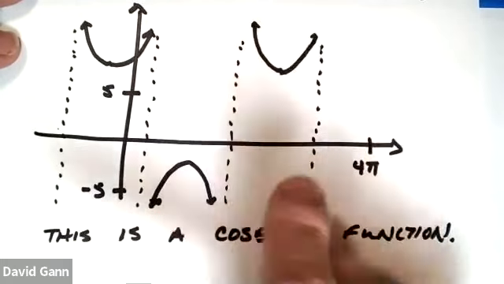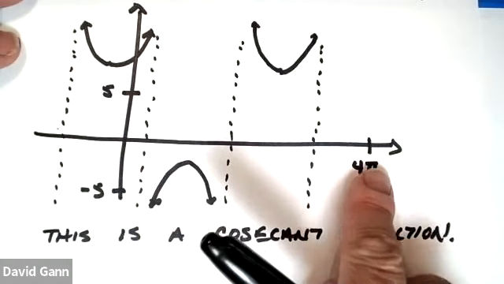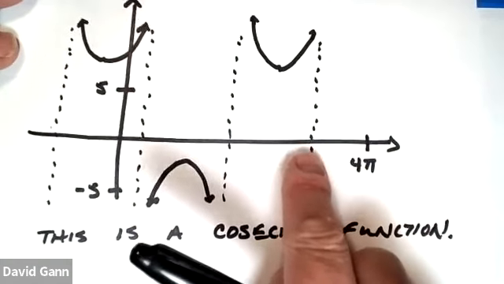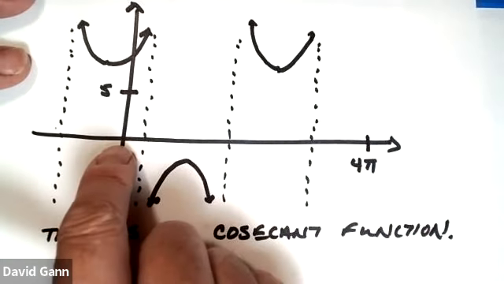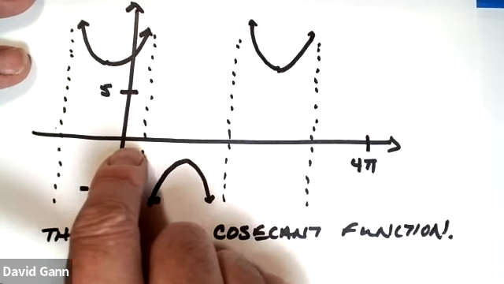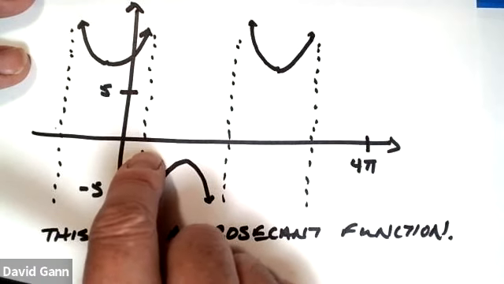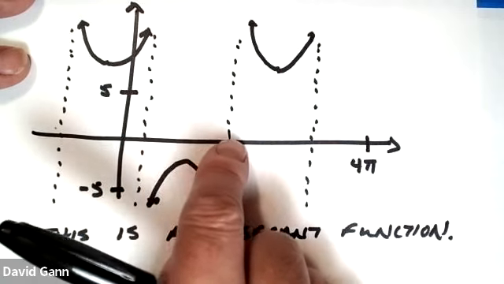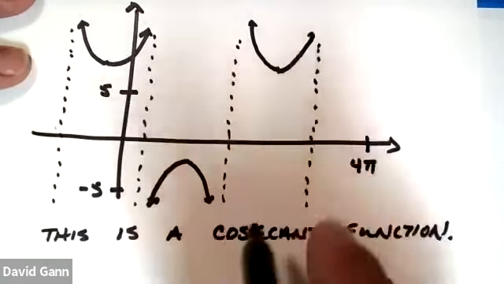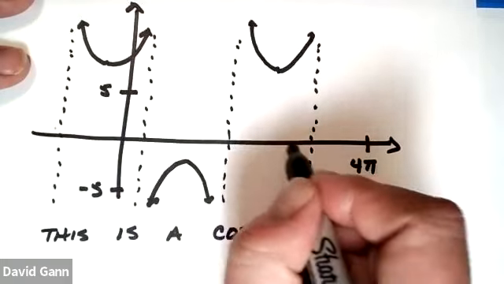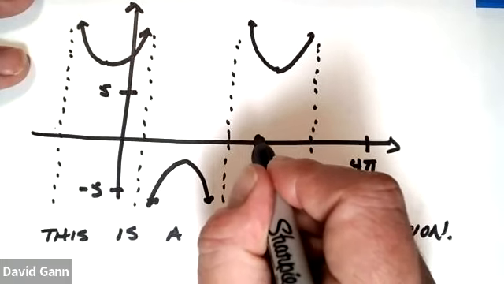So notice that the distance between 4 pi and this vertical asymptote looks a bit larger than the distance between the y-axis and the vertical asymptote. So the value of 2 pi should be about here.